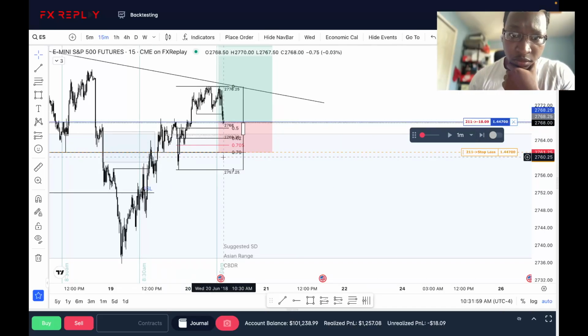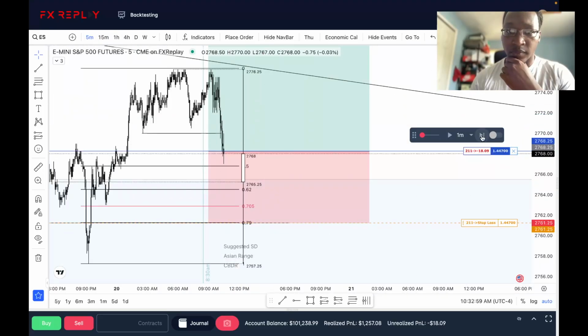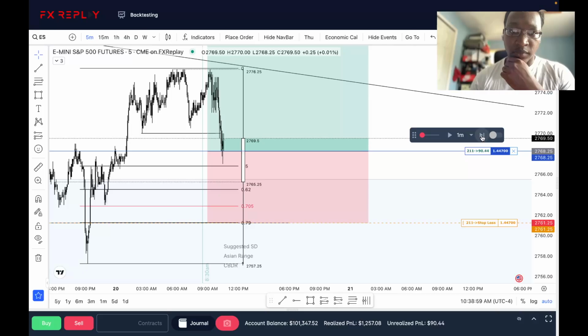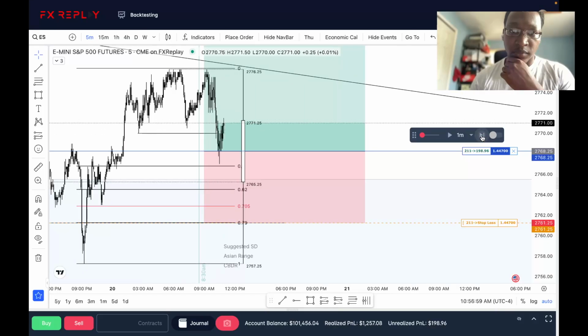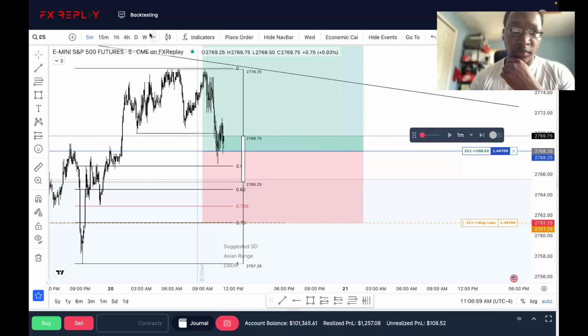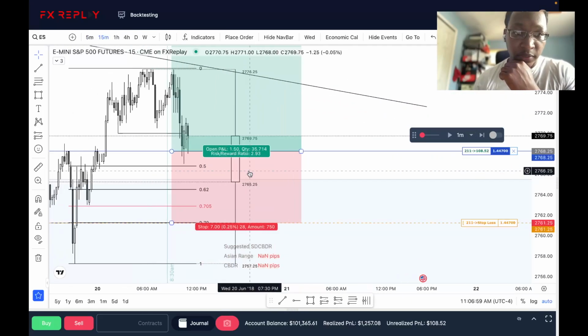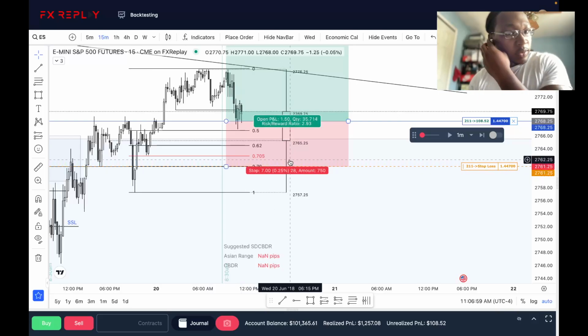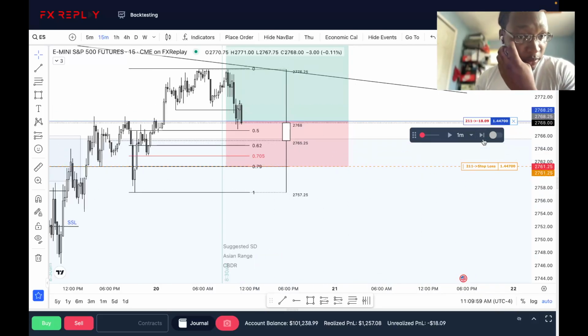This is 10:30. Go down to a lower time frame. So looking at this 15-minute, 11 a.m. This trade may take a little longer than normal.